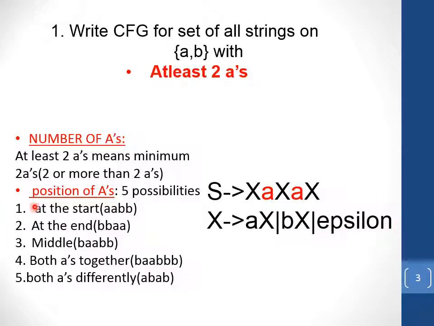So these 3 conditions are checked by replacing the capital X's with all the combinations here. Now both a's together and both a's differently can also be derived, by keeping this capital X as epsilon, or if you want it as different, you can replace this capital X by bX and this X then epsilon. So all of these possibilities are checked, hence we conclude that this grammar is perfectly correct.